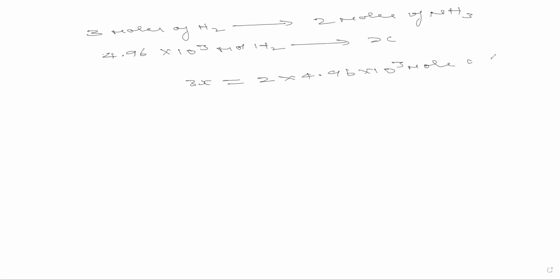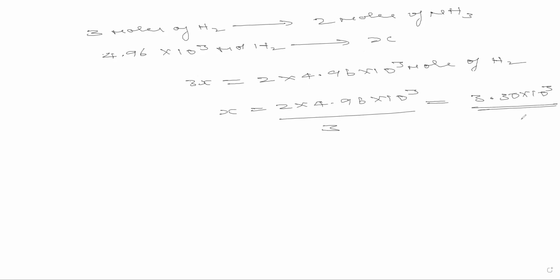So x equals 2 into 4.96 into 10 to the power of 3 divided by 3. That gives 3.30 into 10 to the power of 3 moles of NH3.